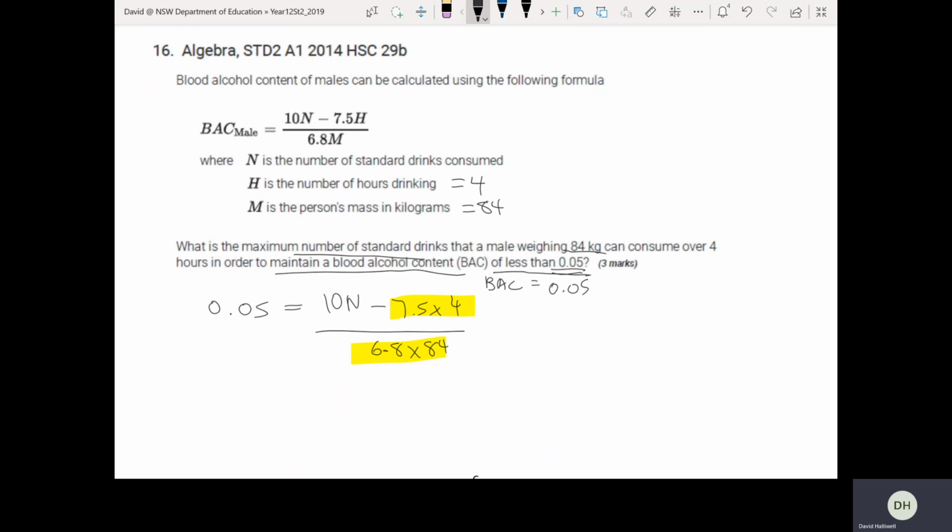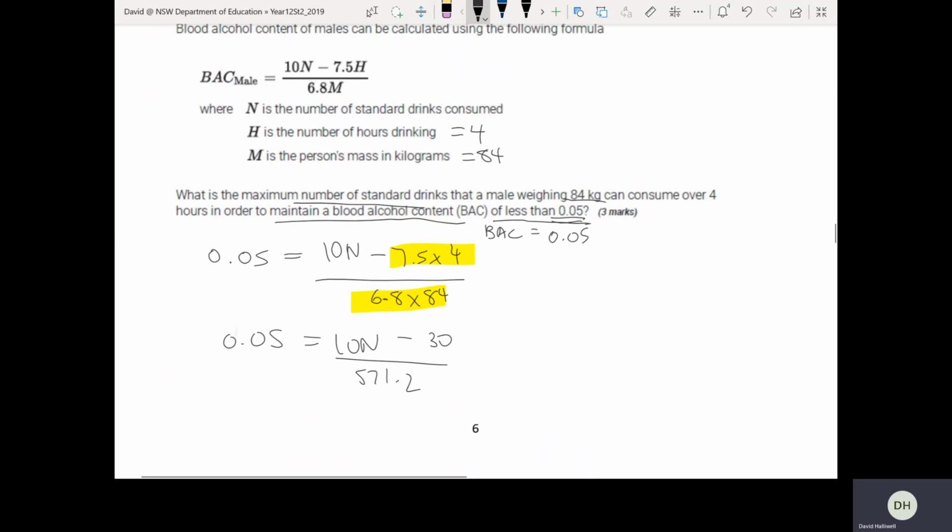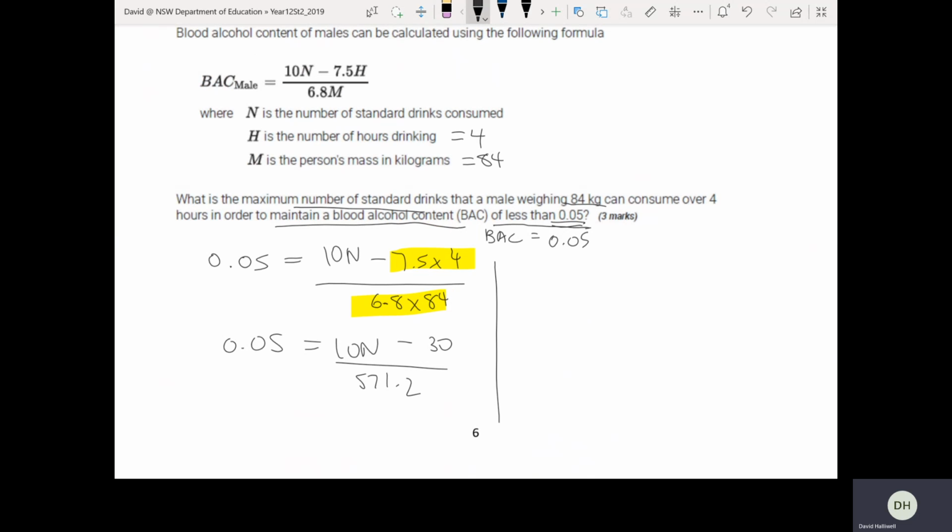So I did that. So that's going to be 30, and the bottom was 571.2. Okay. And now we need to work out n. So we need to rearrange this equation for n, times both sides by the 571.2. Okay, so 10n minus 30, that'll remove the fraction, equals 0.05 times 571.2.